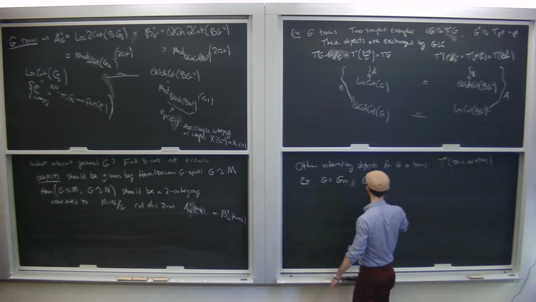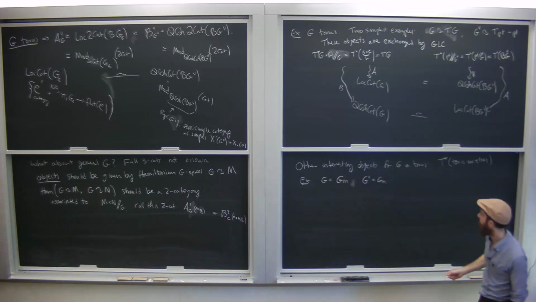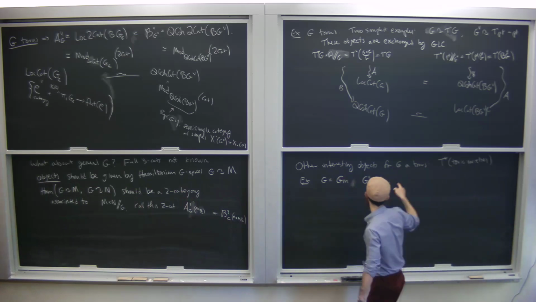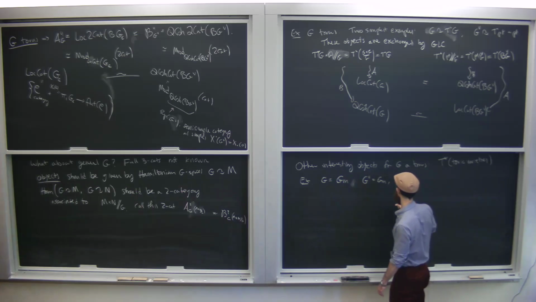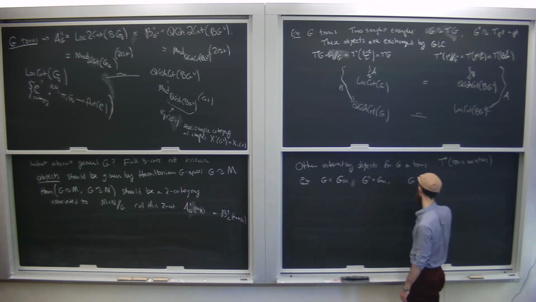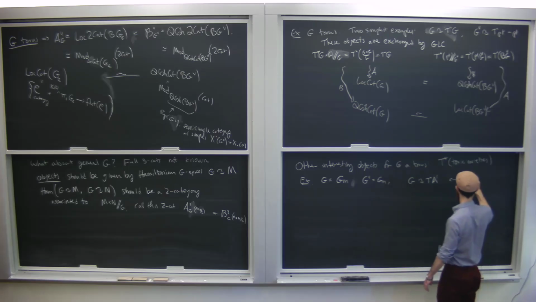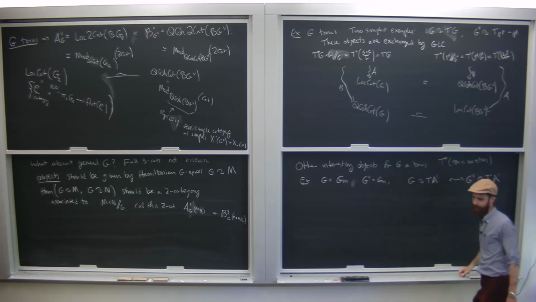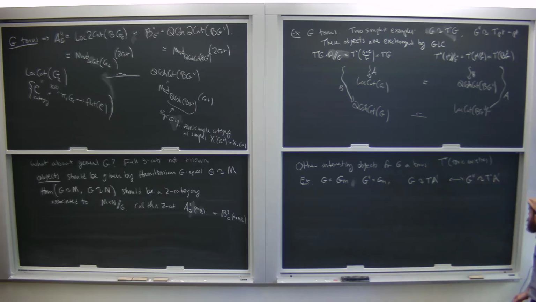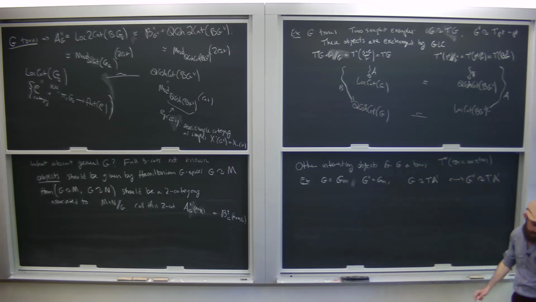So the dual of a one-dimensional torus is also a one-dimensional torus, and under this duality, my favorite object, G acting on T star A1, gets exchanged with G check also acting on T star A1. So these T star A1 and T star A1 form a dual pair.